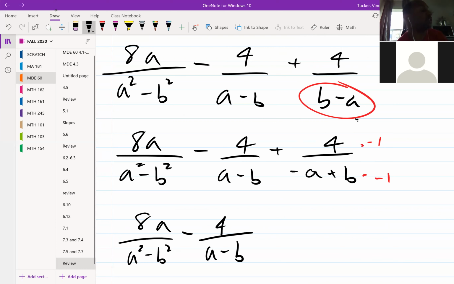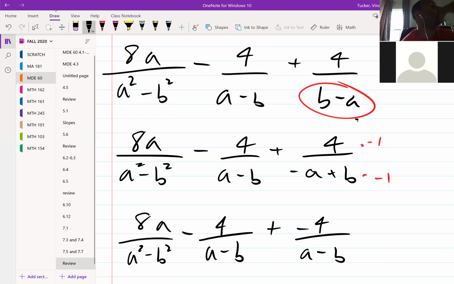Another way of doing it is to go through the whole LCD process, but this is just another way. So -1 times a is a positive a, -1 times b is a minus b. And of course, that's a -4 as well. Whenever you have opposites like that, you can multiply by -1.